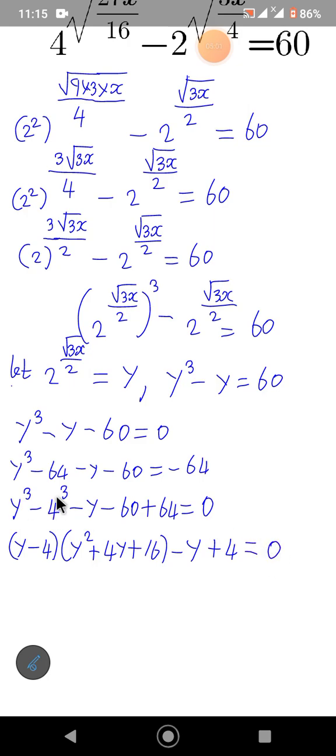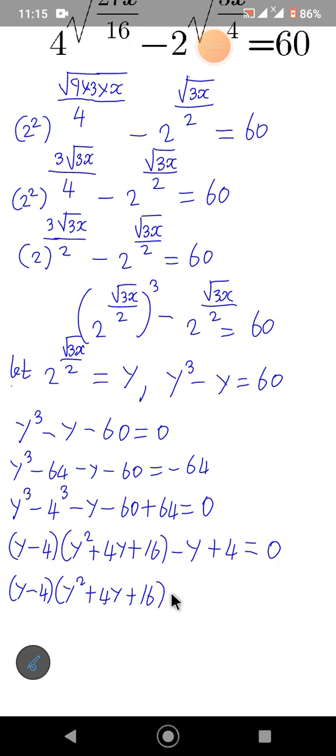So I applied the difference of two cubes algebraic identity here to get this. That means this expression is the same thing as this. Then minus 60 plus 64 will give me plus 4. Then the next thing I did, open a bracket, y minus 4, then y squared plus 4y plus 16.